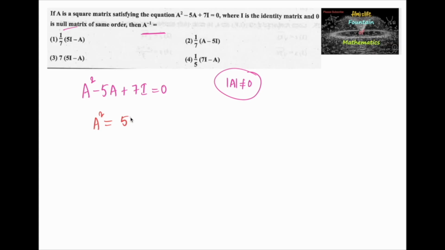A square is equal to 5A minus 7 times I, and pre-multiply A inverse on both the sides.